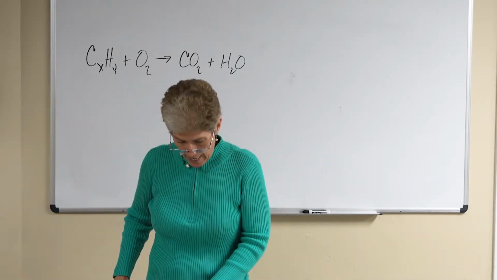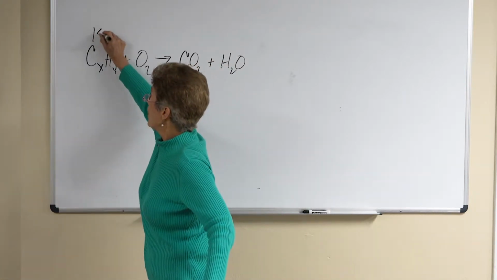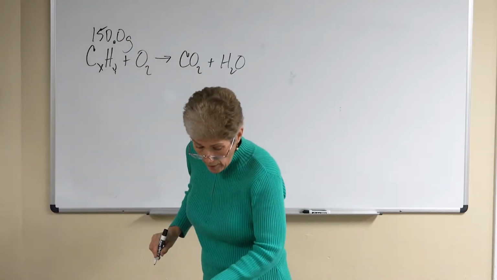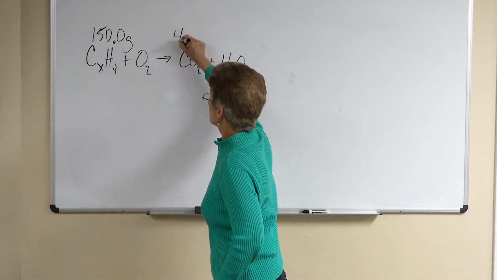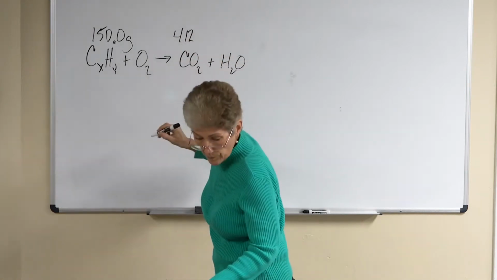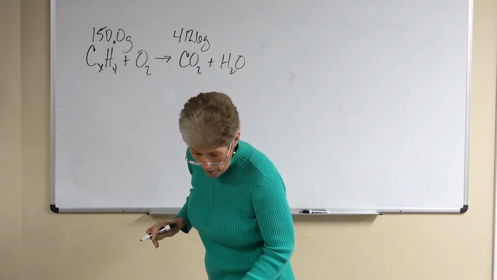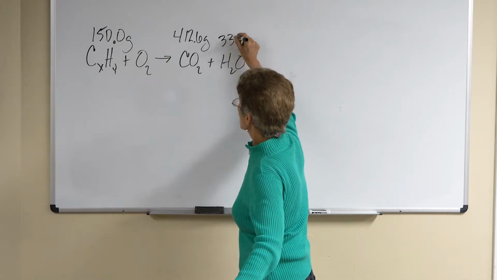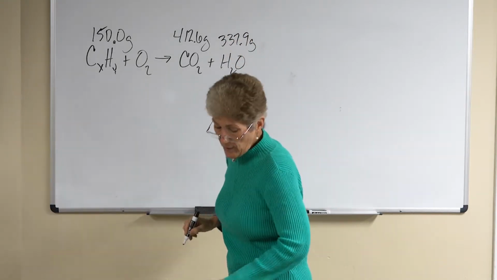If 150 grams of gas produce, so we started over here with 150 grams, and it produces 412.6 grams of carbon dioxide, and 337.9 grams of water. What is the empirical formula?